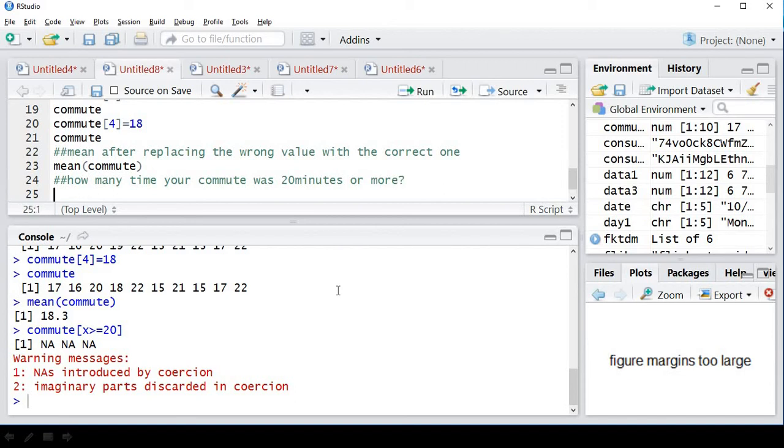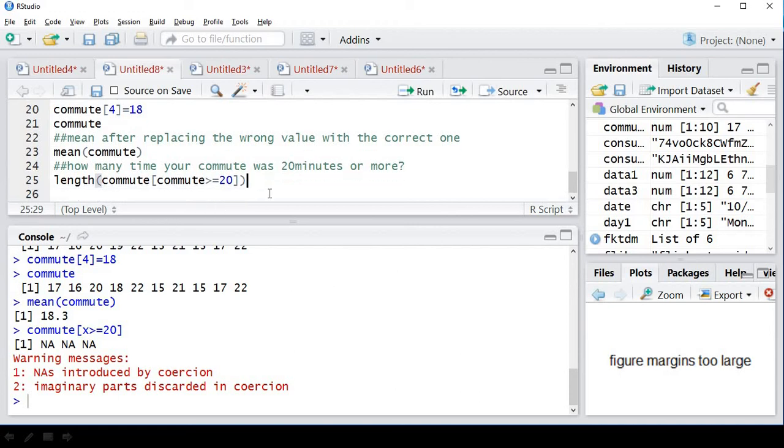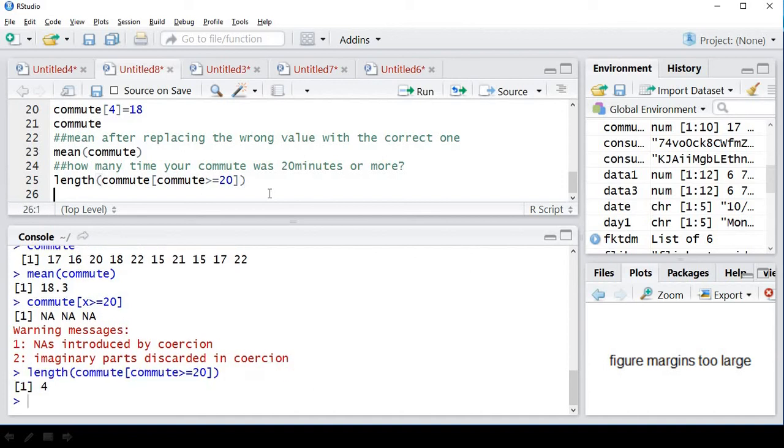Okay, this is how you do it. You just have to find the length of commute, where commute is greater than or equal to 20. Okay, so just run it. Fine. So there are 4 values which are greater than or equal to 20.